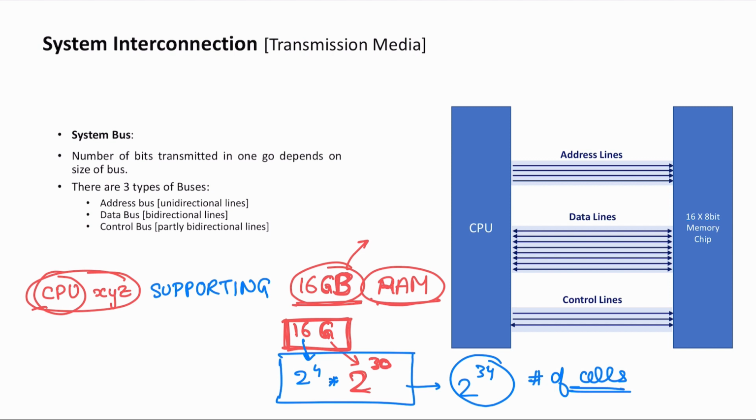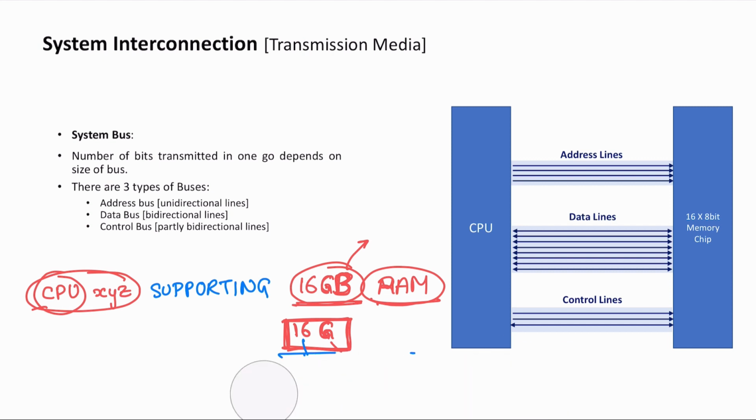Now in order to represent 2 to the power 34 cells, how many address bits do we require? We will be requiring log of 2 to the power 34 base 2, that is 34 address bits.